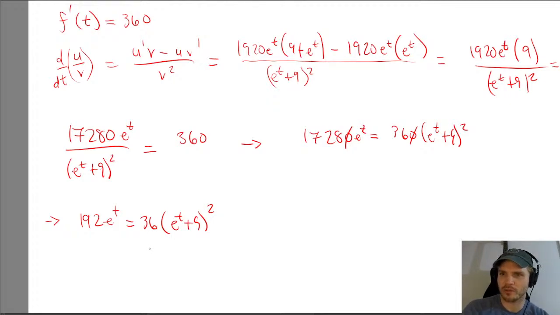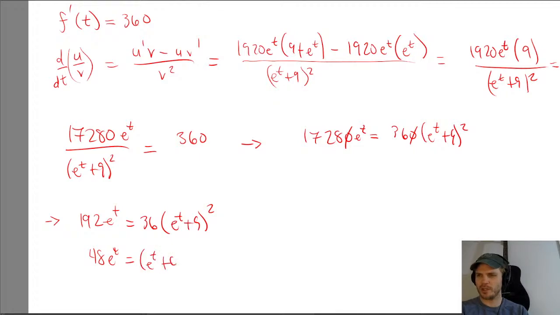So that's 12. So this is 3. This is 10 plus 82. No, that can't be. Let me just get a calculator. Evenly divides. So this is 48 e to the t equals e to the t plus 9 squared.